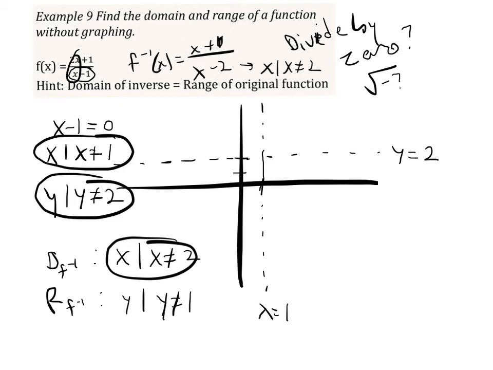And then I know my domain there, so my range in my original function is right here. So if you find your inverse and find the domain of your inverse, then you know the range of your original function. And the domain of your original function becomes the range of your inverse. So finding the inverse function can help you find the range of your original function. All right?